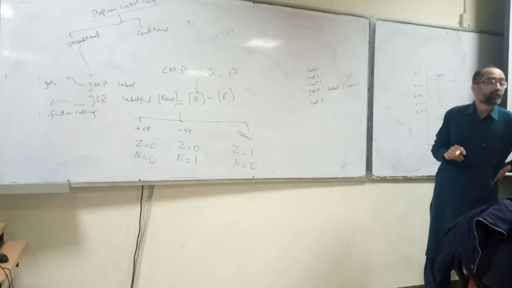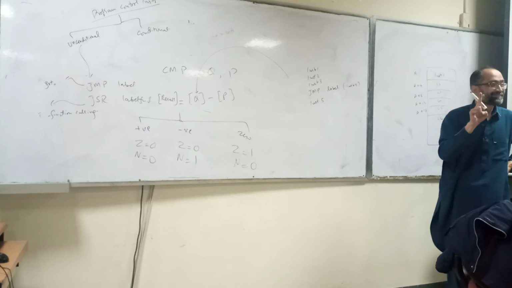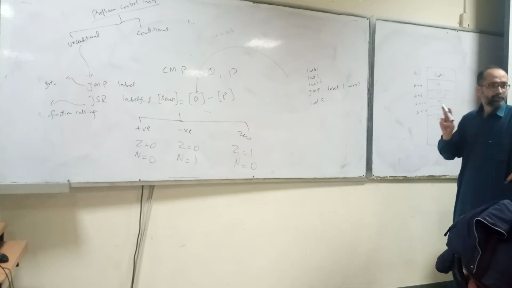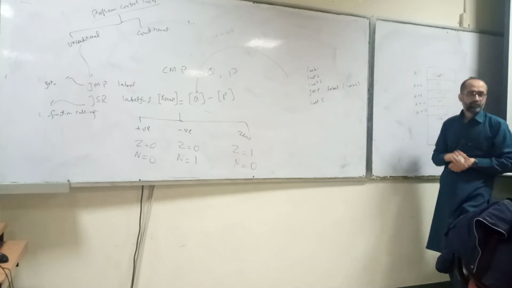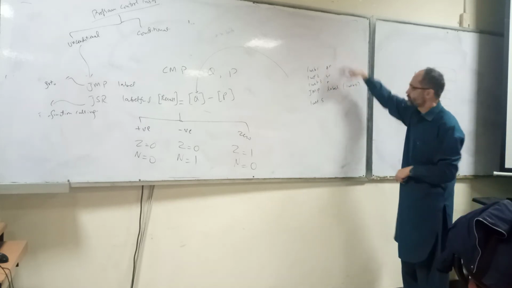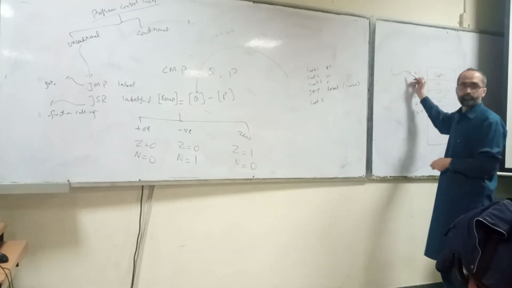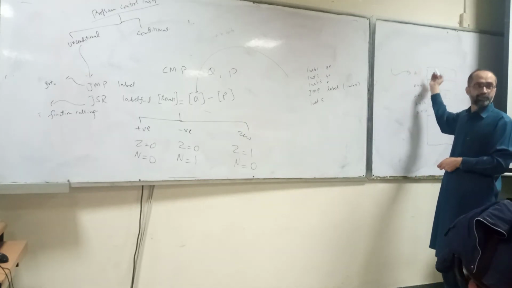What is the size of an instruction now? The size of the instruction is 4 bytes. So we assume that each instruction size is 4 bytes. Let's assume these instructions are add, subtract, or multiply, whatever instructions are typically seen. First, the program counter will point here. It will fetch this instruction, decode this instruction, execute.